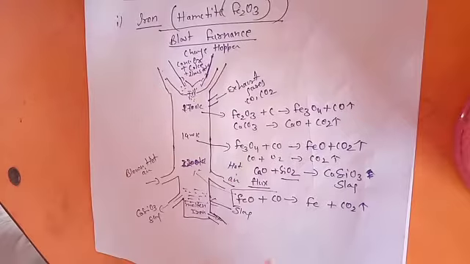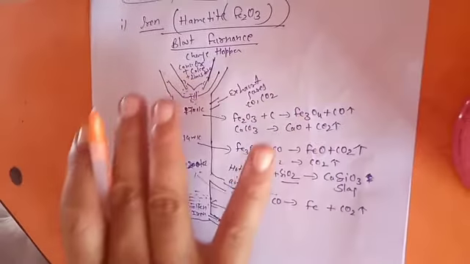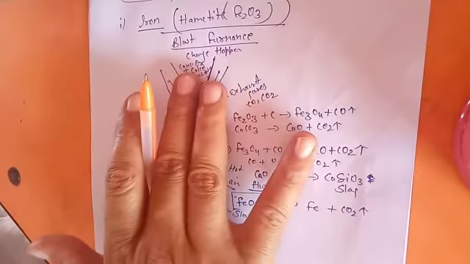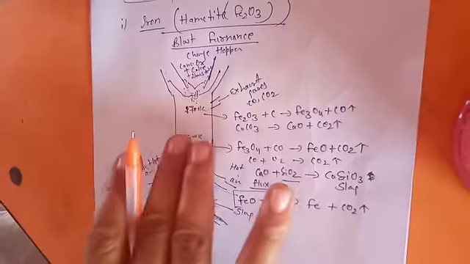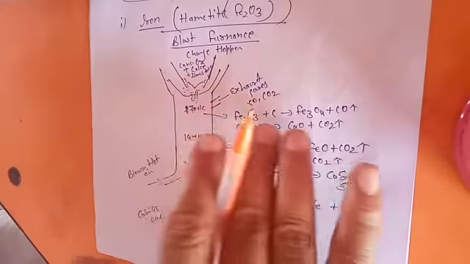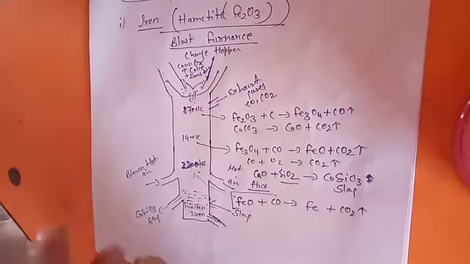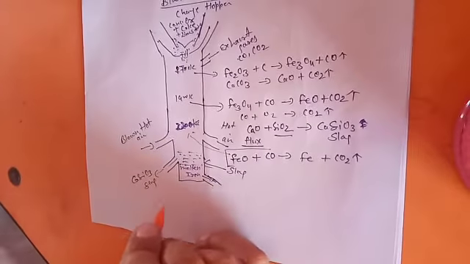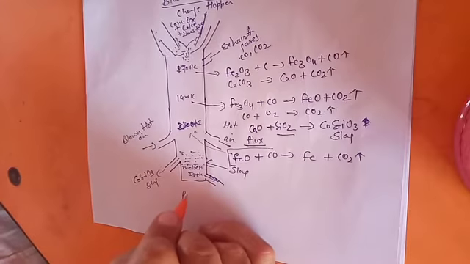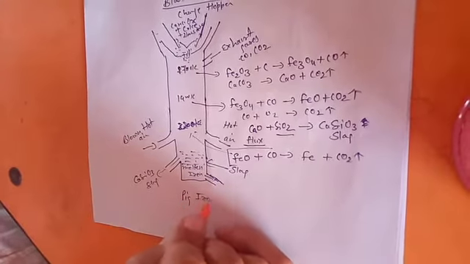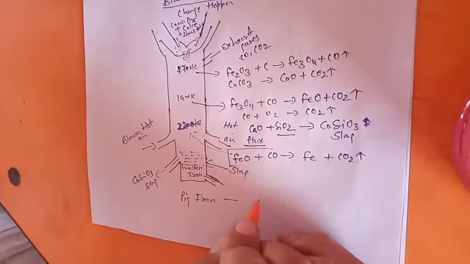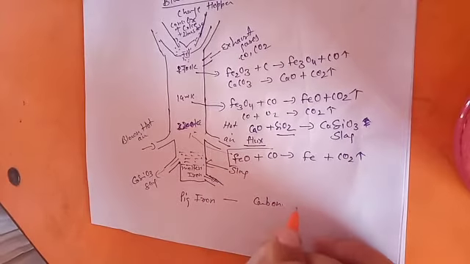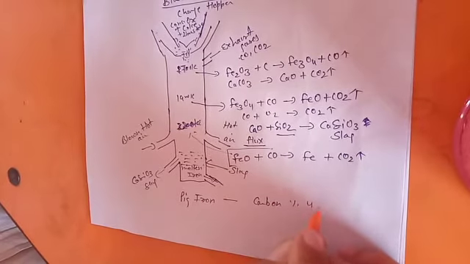So first of all, you understand what we put in the blast furnace, what the different temperature ranges are, and what happens at each. Now the iron that comes out from here is known as pig iron. What is pig iron? Pig iron is iron in which the carbon percentage is up to 4%.